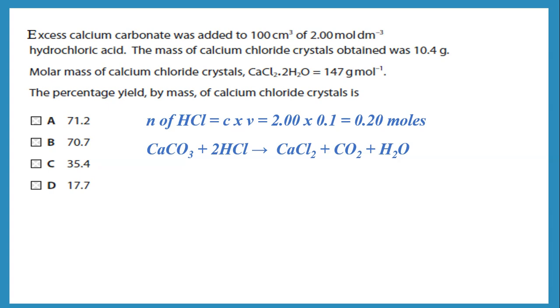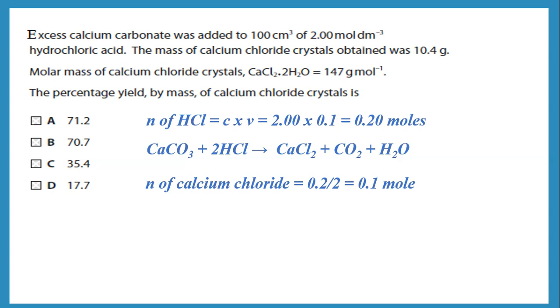Now, that means if I look at the equation, it's very important to go back to the equation. You will find that when we write a balanced chemical equation, 2 moles of HCl would give 1 mole of calcium chloride, and that means the number of moles of calcium chloride is actually half of that of HCl.